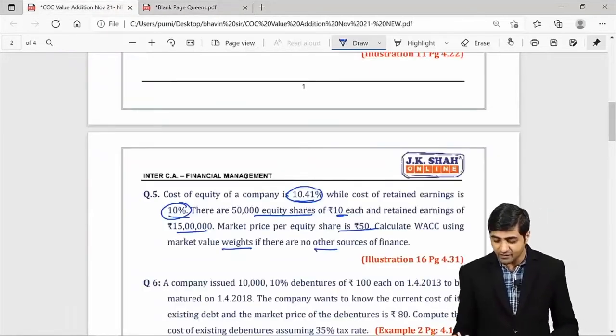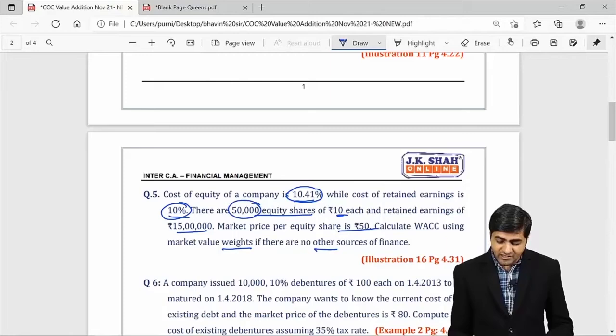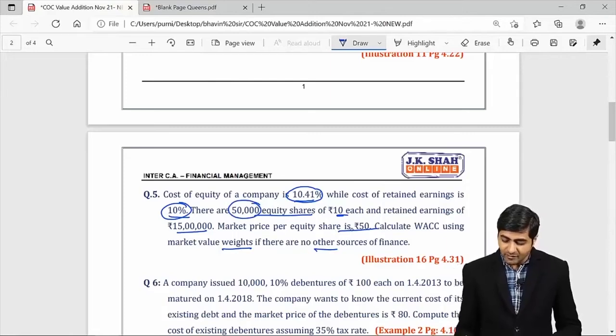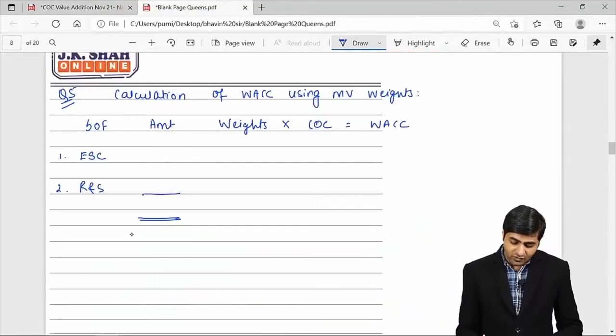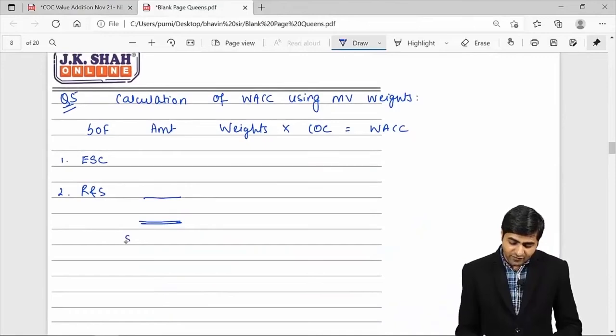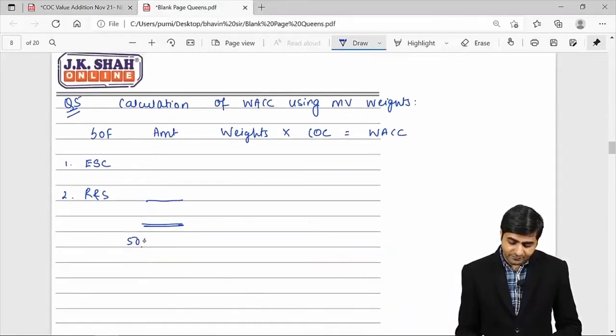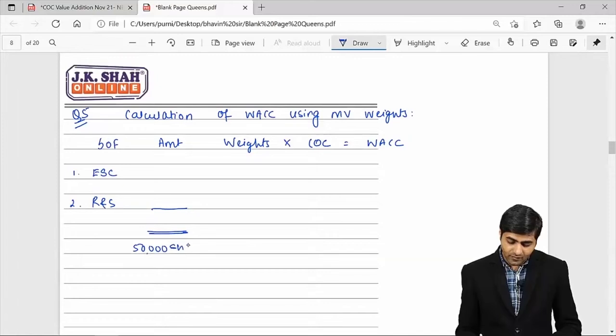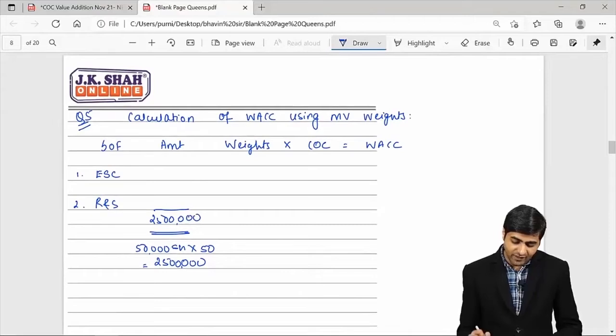So guys, we have here number of equity shares as 50,000 and the market price is 50. So it's 50,000 shares into 50, and that's 25 lakhs. So we have the total market value of equity as 25 lakhs.